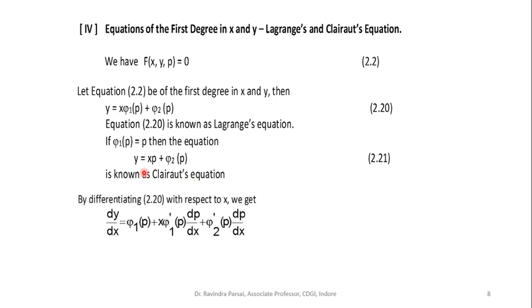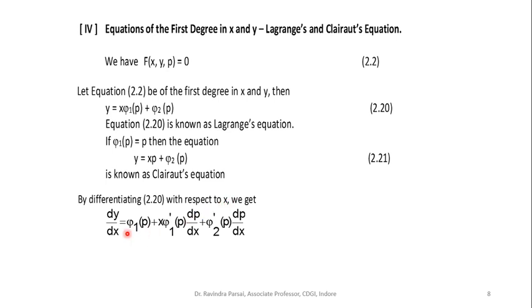Now since y can be expressed as a function of p and x, which method is applicable? We apply the method of solving for y, by differentiating with respect to x.